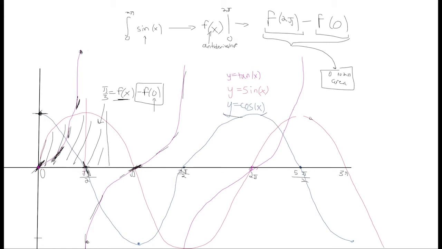So if we graph the area under the curve from 0 to whatever value, then that area under the curve graph is going to be a reflection of what the actual antiderivative looks like. It's not going to actually equal the antiderivative, but it's going to reflect what the antiderivative function looks like.